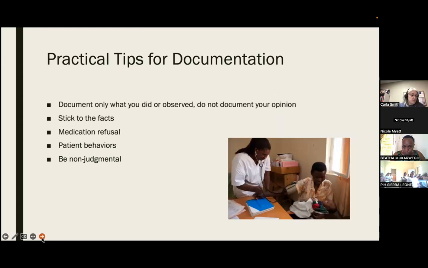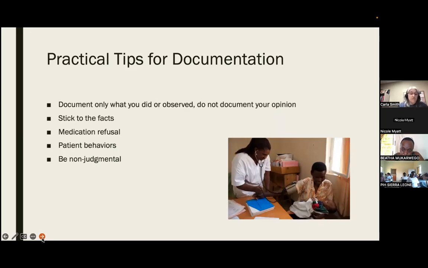Other practical tips. Really important to document only what you did or what you observed, and do not document your opinion. Stick to the facts. For instance, you should never chart something like the patient was uncooperative, will not take medications. Instead, simply write patient refuses medications.